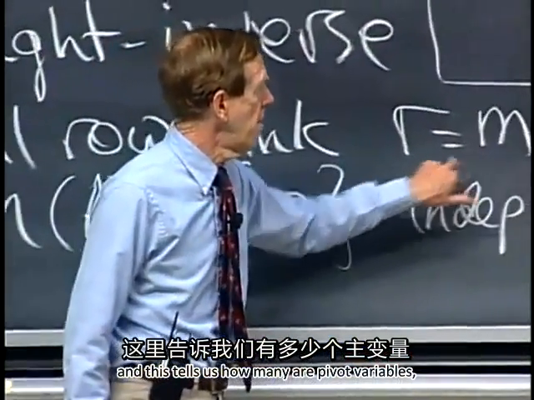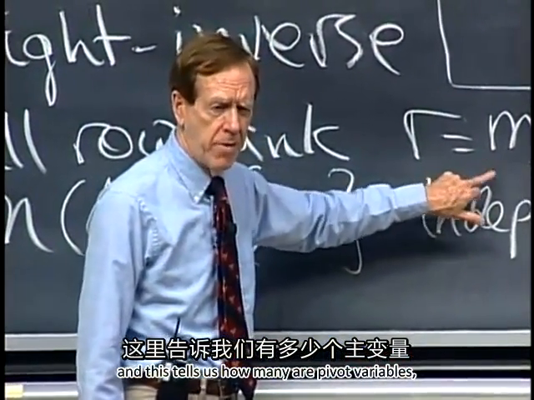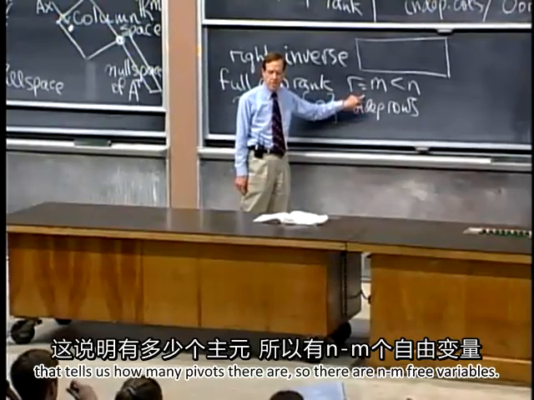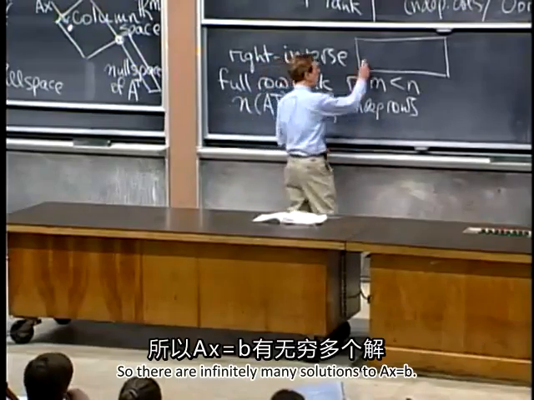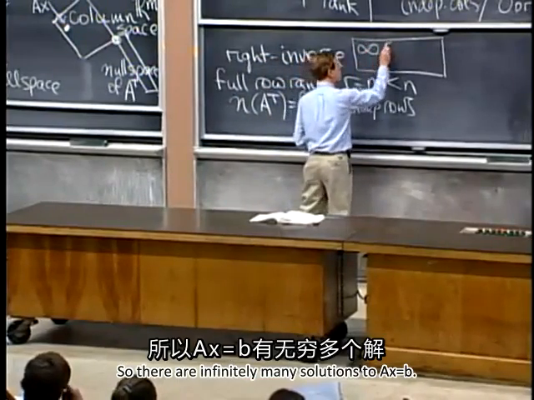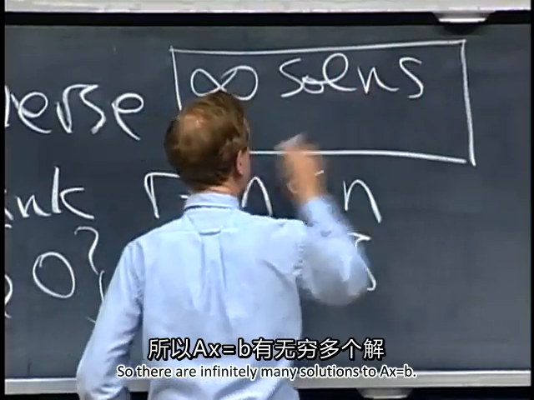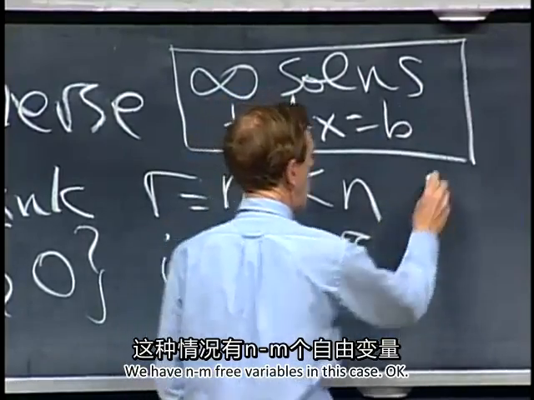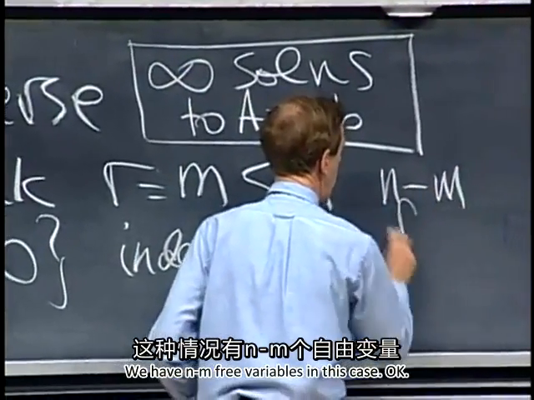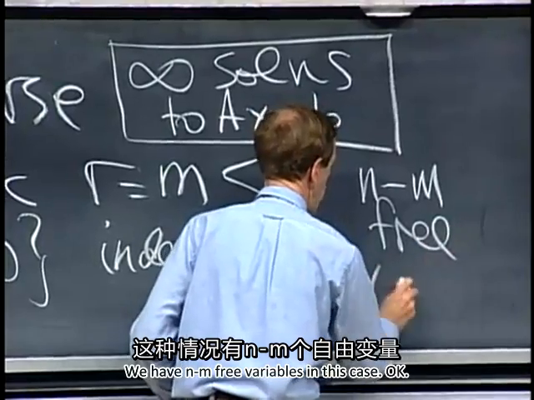And this tells us how many are pivot variables. That tells us how many pivots there are. So there are n minus m free variables. So there are infinitely many solutions to AX equal B. We have n minus m free variables in this case.